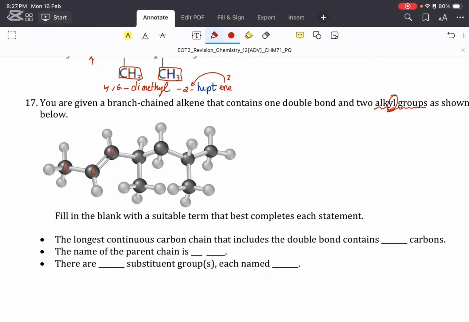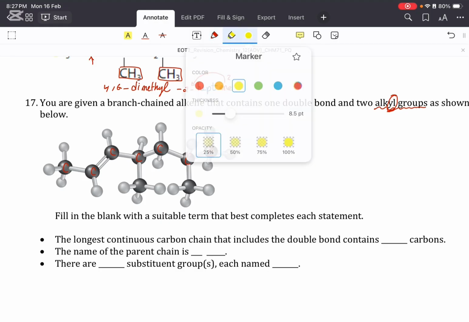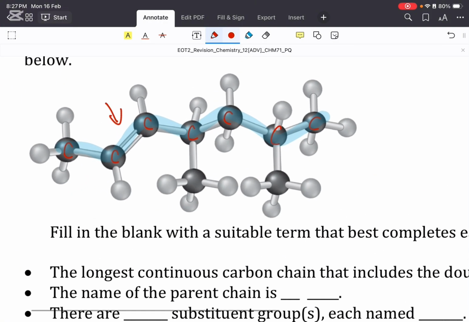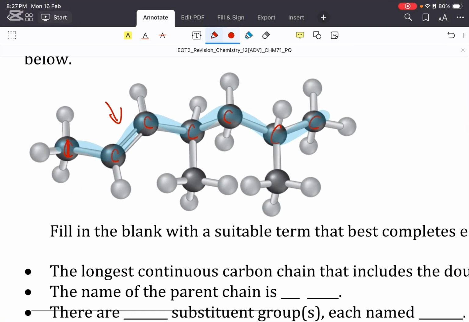That's a C, another C. That's my longest main chain. But I can see over here a double bond, so I better start counting from this side. 1, 2, 3, 4, 5, 6, and 7 carbons.